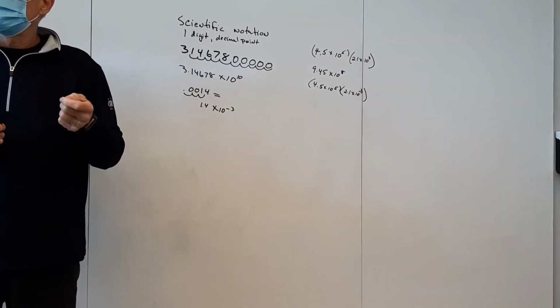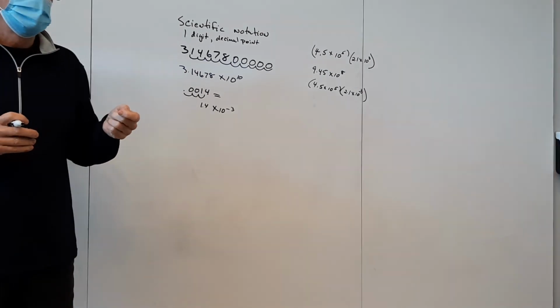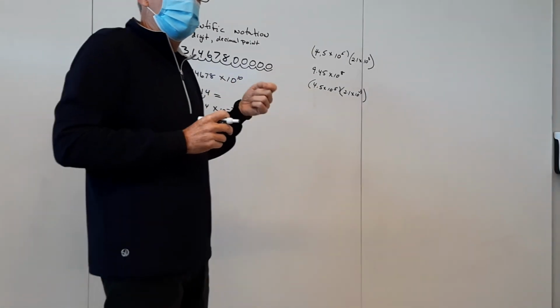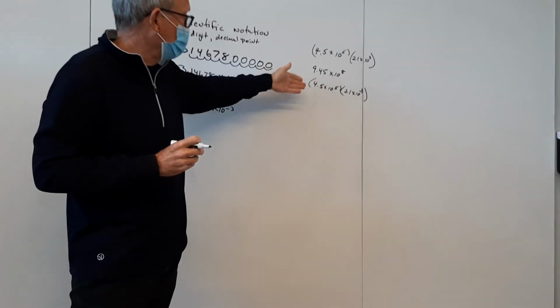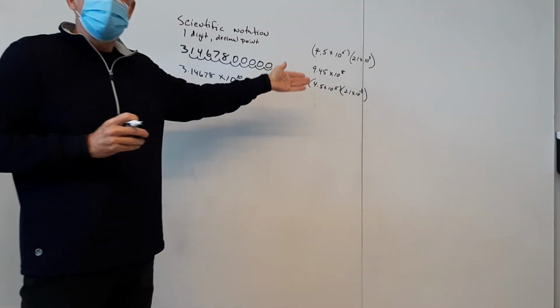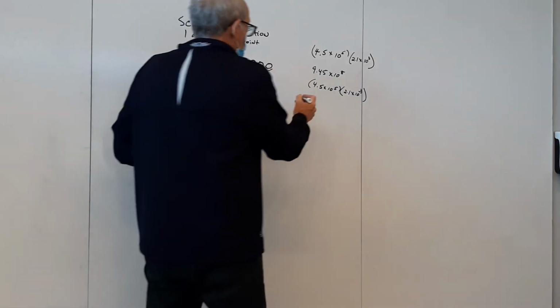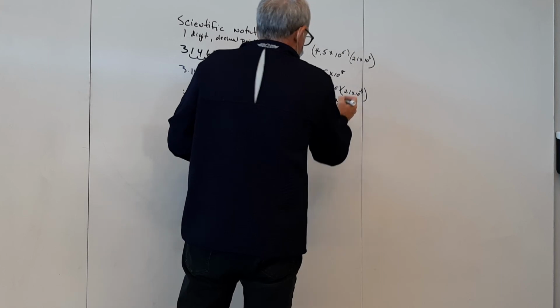Everybody has to do it. You need to make sure that you don't mess up with your calculator. It should be 9.45 times 10 to the 2nd. Is that what you got?